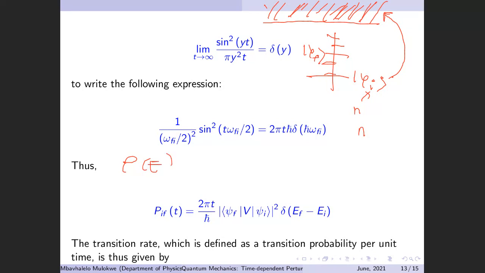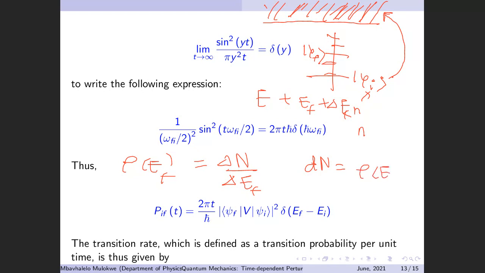You define the density, which would be the number of states between E_F and E_F plus delta E_F. Define it in this manner. So this means that your number of particles in that energy region will be given by just rho(E_F) dE_F. Then you try to integrate out.